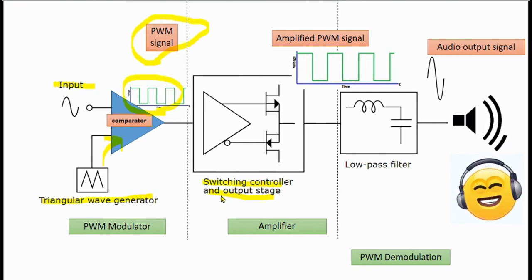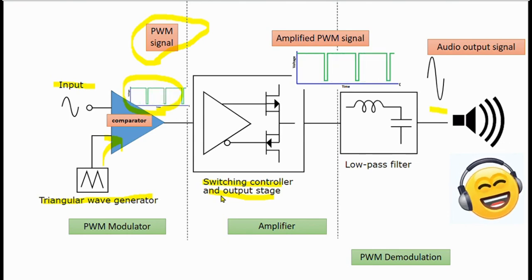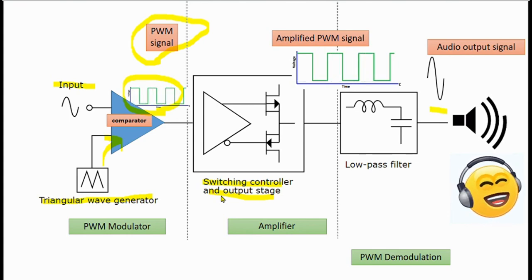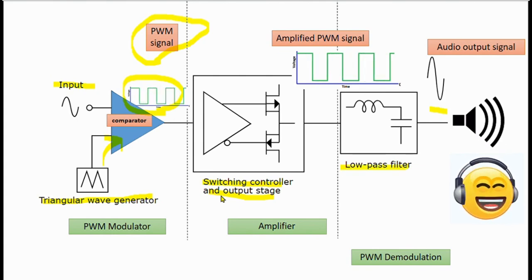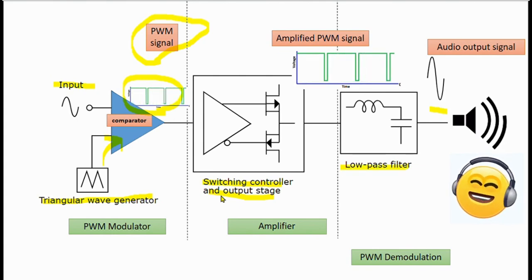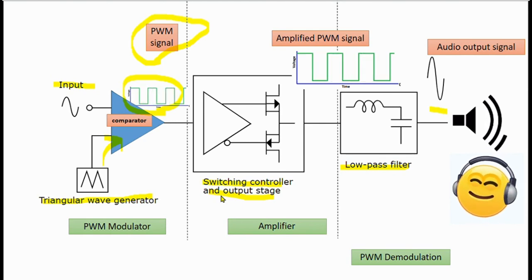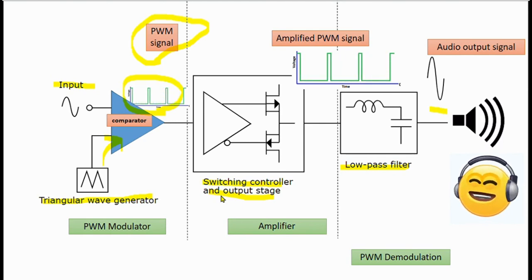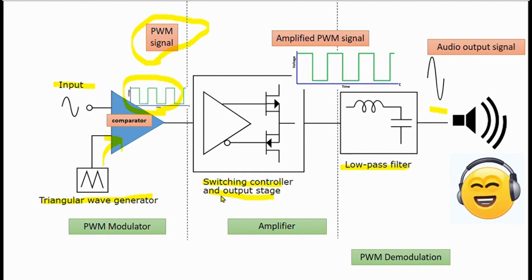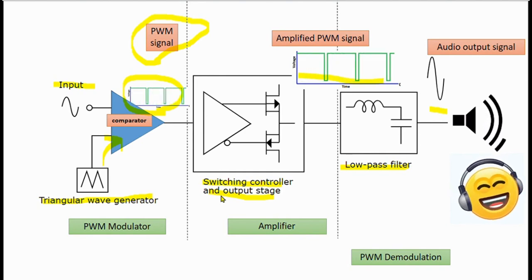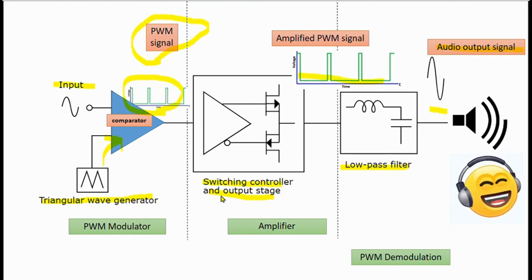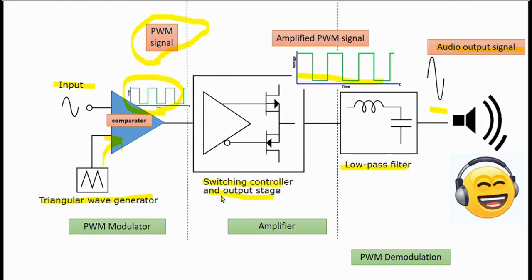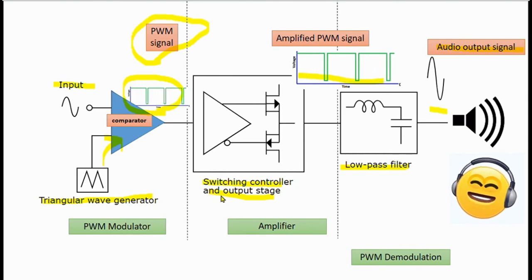Now again, this PWM signal is demodulated by using a low pass filter, and a low pass filter is nothing but an integrator. If we use an integrator, then the pulses are converted to an analog signal, which is the audio output, and we can easily listen to the song.